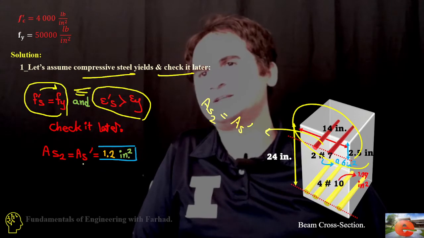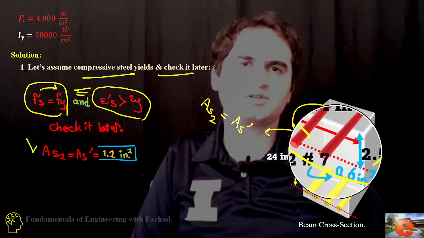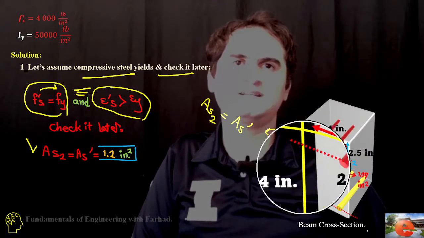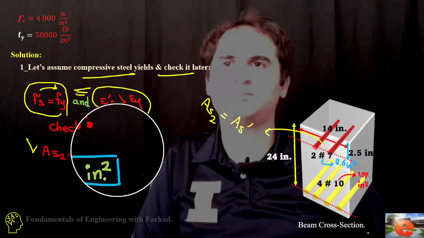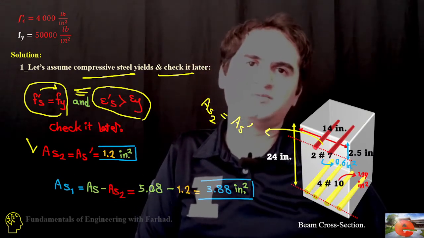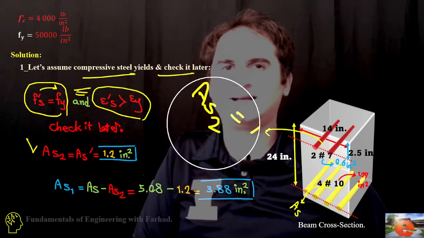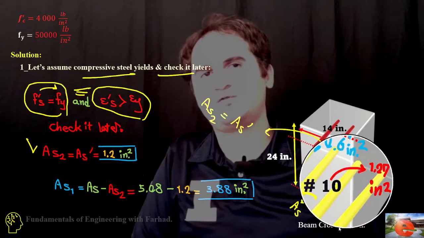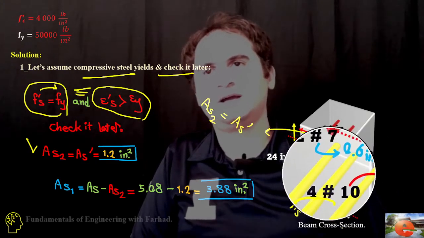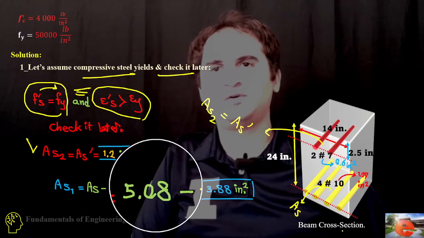If we call A s prime, A s2, that's two number 7 rebars, as you can see here, and each number 7 has an area of 0.6 inches squared, so two of them make it 1.2 inches squared. A s at the bottom of the section is 4 number 10, each number 10 is 1.27 inches squared, and 4 of them make A s equal to 5.08.